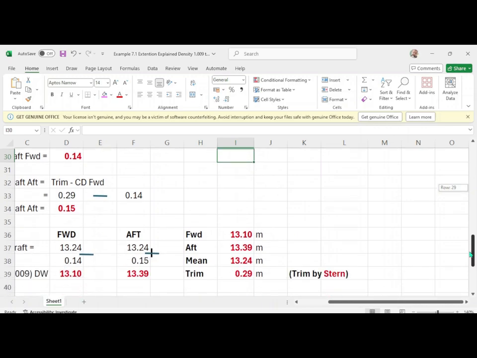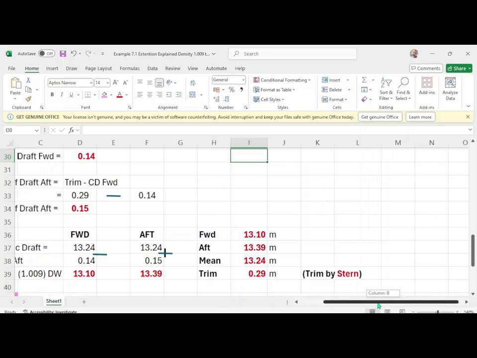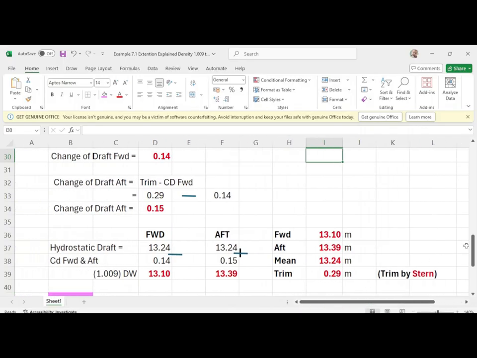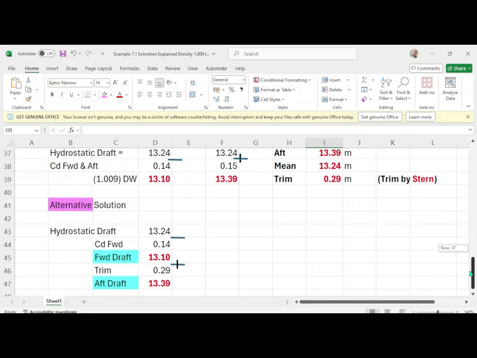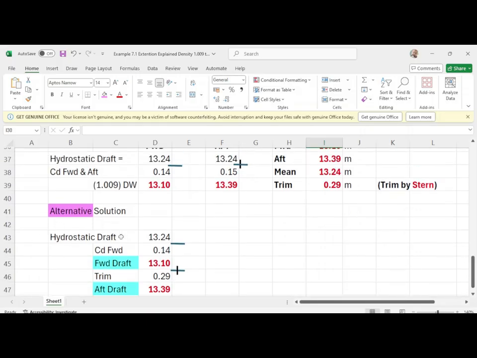so you have now your drop forward, up, trim and mean. Okay, now there's another alternative solution of getting the forward and up drop. Your hydrostatic drop is 13.24. This is your mean drop. You apply your change of drop forward, which is 0.14.